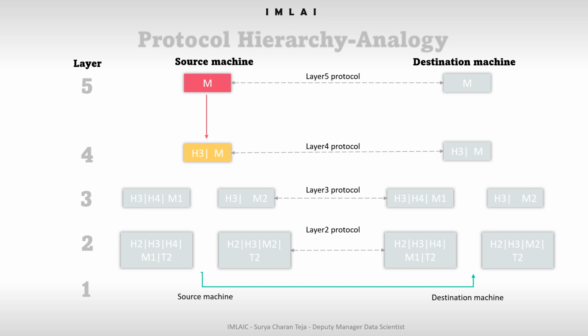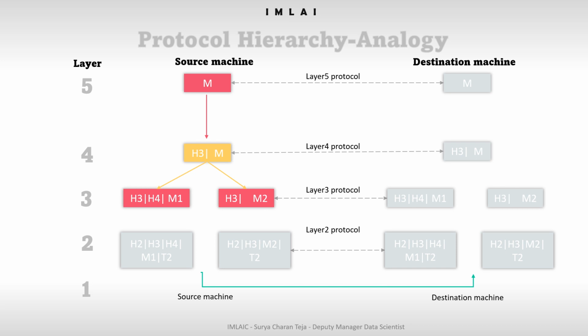So now the message with the header added is passed to the layer 3 protocol. Consequently, layer 3 must break up the incoming message into smaller units called packets, prepending a layer 3 header to each packet. In this example, M is split into two parts, M1 and M2, which are transmitted separately.